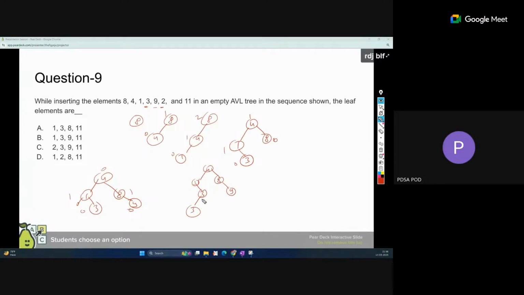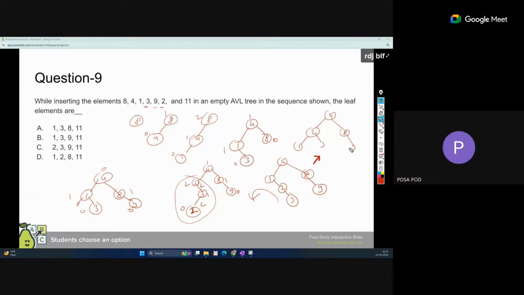So now this is the situation: 0, 1, 2, and 0, 1, and this is 3 minus 1. This part is now right-left, so it will rotate two times. This will rotate first, so 1, then 2, then 3, and 8 and 9. Now this will rotate anti-clockwise, so it becomes 4, 2, 1, 3, 8, 9.